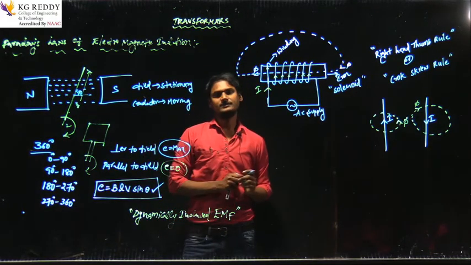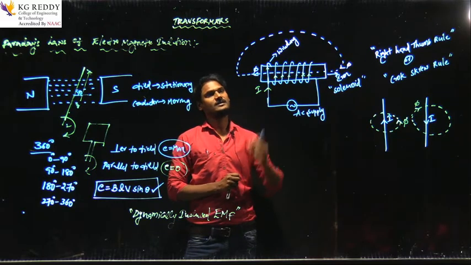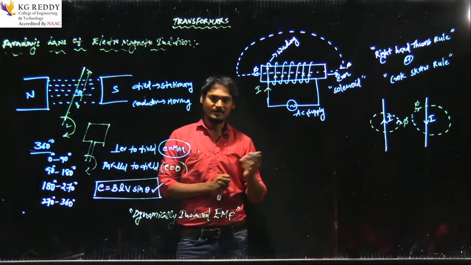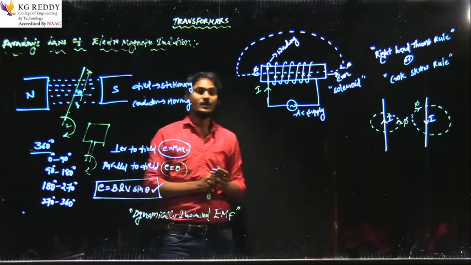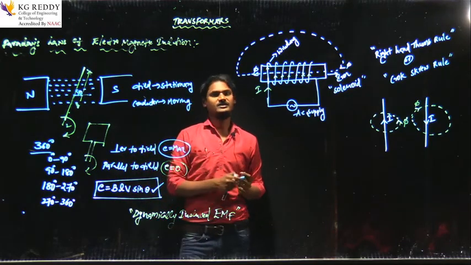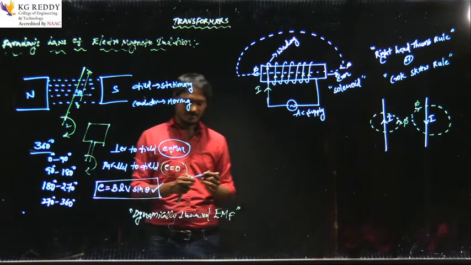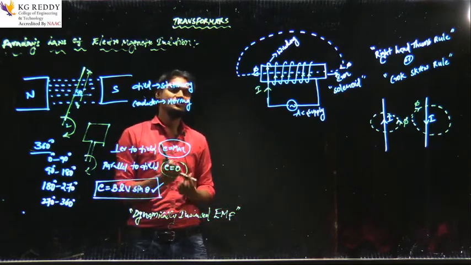Now, according to Faraday's law, when the flux is established and the conductor is placed under the magnetic field, an EMF will be induced in the conductor. So, what type of EMF is induced? Exactly, guys, it is the statically induced EMF.